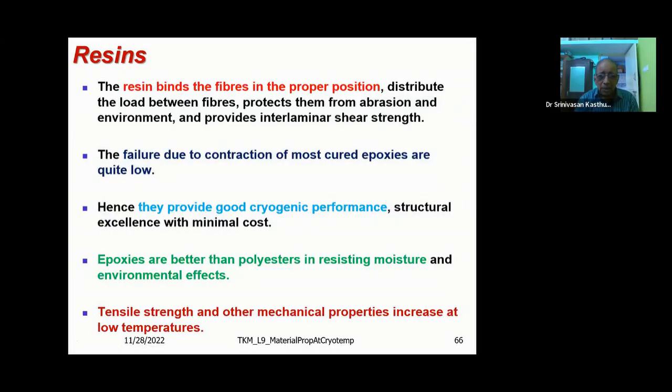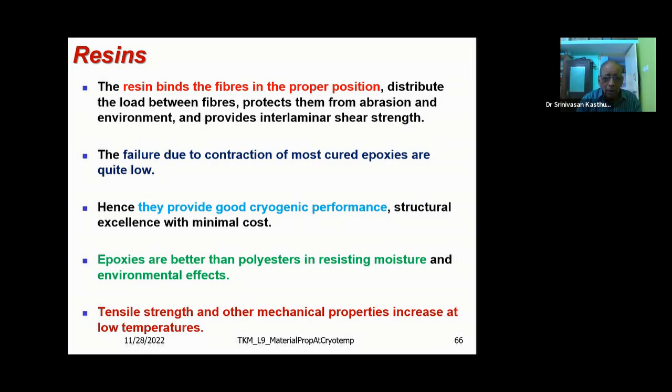Okay, coming to resins. What is the function of resin? The resin binds the fibers in the proper position and distributes the load between the fibers, protects them from abrasion and environment, and provides interlaminar shear strength. Okay, so these are the advantages of the resin. Now the failure strain due to contraction of most of the cured epoxies is quite low. What does it mean?